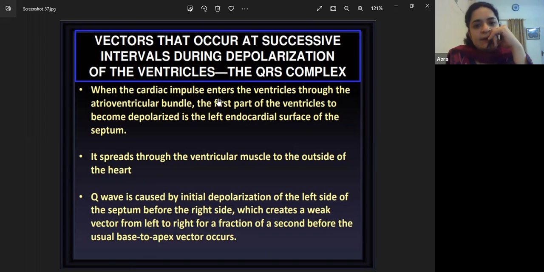So the impulse enters the ventricle through the atrioventricular bundle.